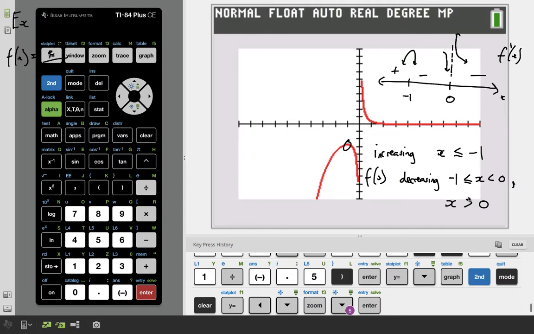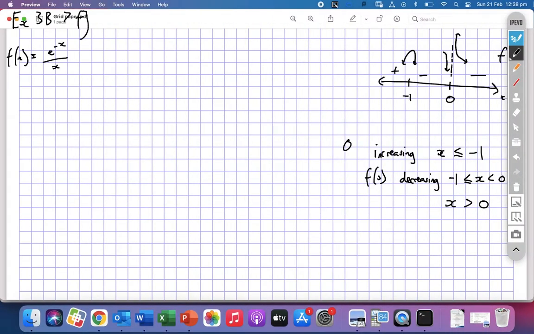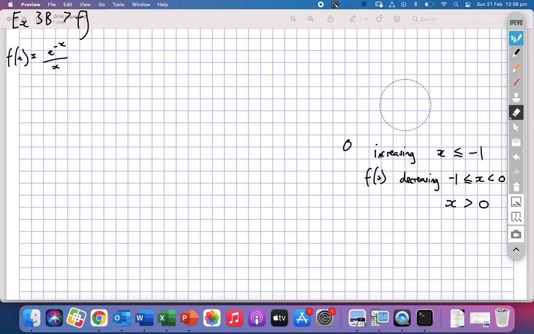Okay, I guess that's valid, but let's do it without the graph. So we'll go back, erase this, and we'll start again.